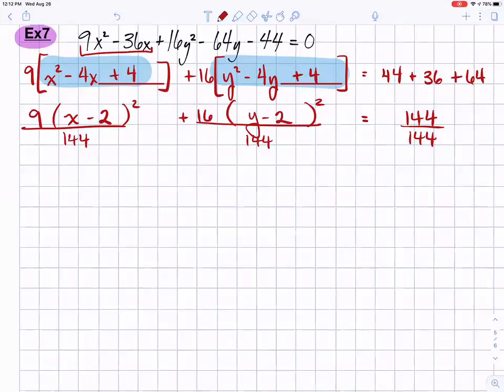It's 1 over 16. So I got x minus 2 quantity squared over 16 plus, which makes the next piece really easy. What's 16 over 144 reduced? 1 over 9. So this is going to be y minus 2 squared over 9 is equal to 1. Now I can finally start the question.